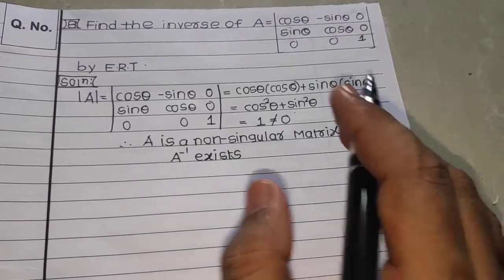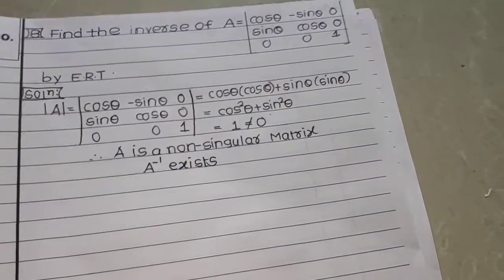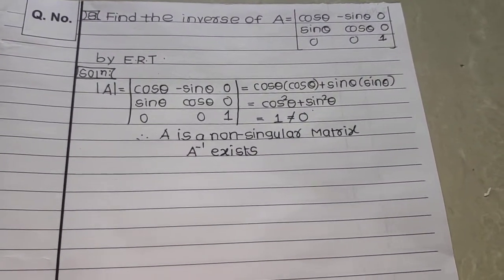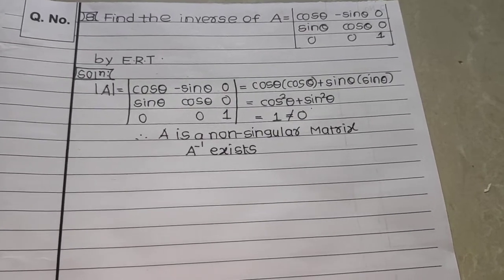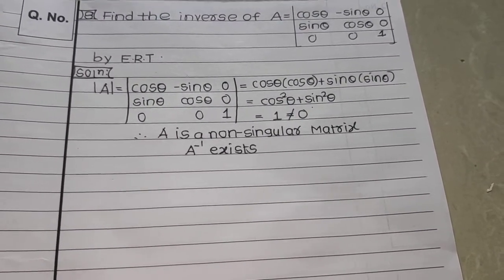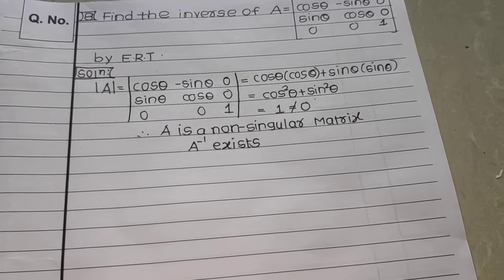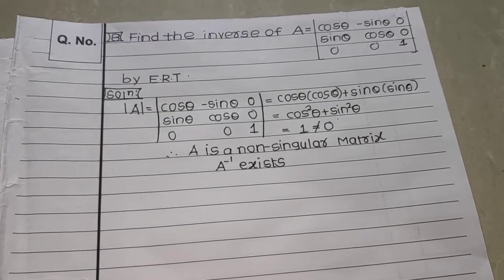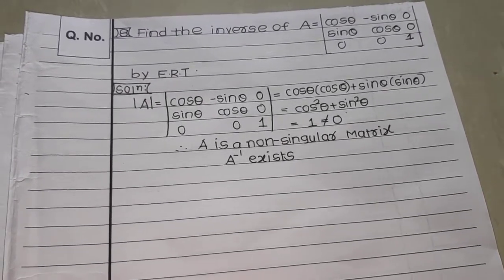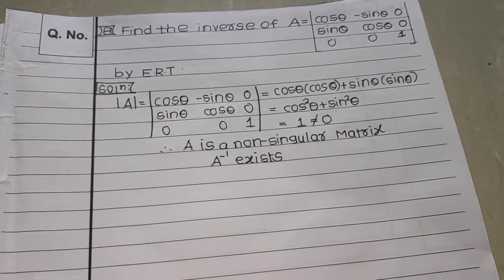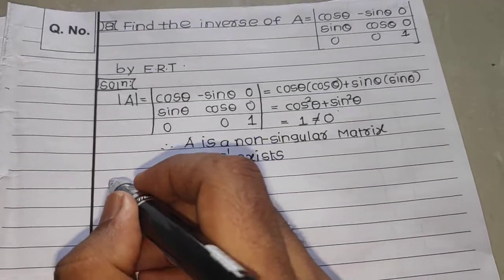Now, yes, we have confirmed that A inverse exists. But what is the A inverse? So now we'll follow the process. I hope you understood. Remember, in exams, you always have to check whether the matrix is non-singular or not, because non-singularity is a confirmatory test. Yes, inverse exists.